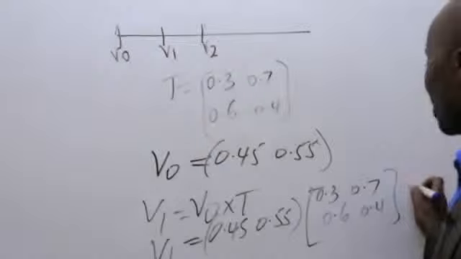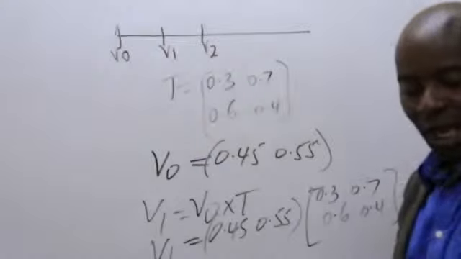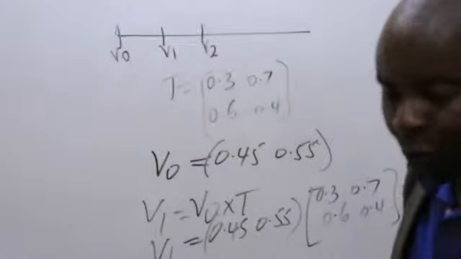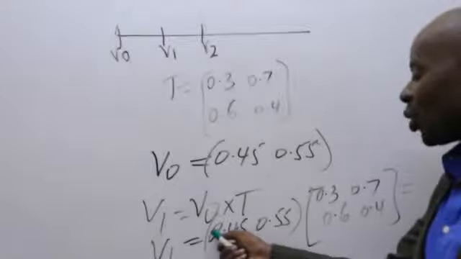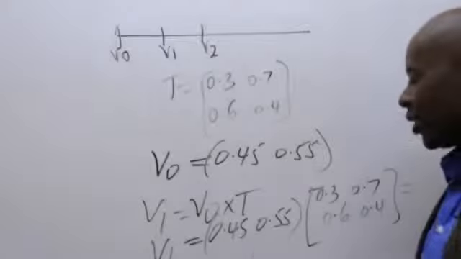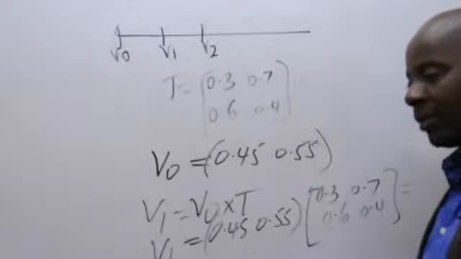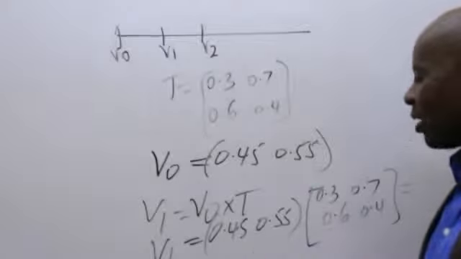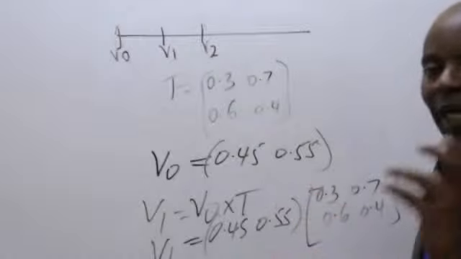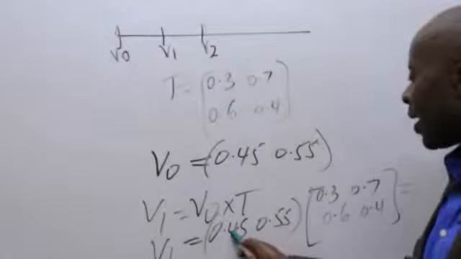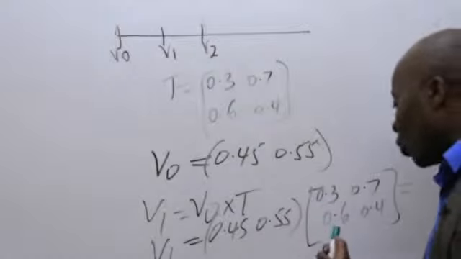So, ladies and gentlemen, with this information, I should be able to do my multiplications very easily. Remember, when I'm multiplying, it's all about a row and a column. So what do we have here? It's 0.45 times 0.3, plus 0.55 times 0.6. First one's multiplied plus second one's multiplied.